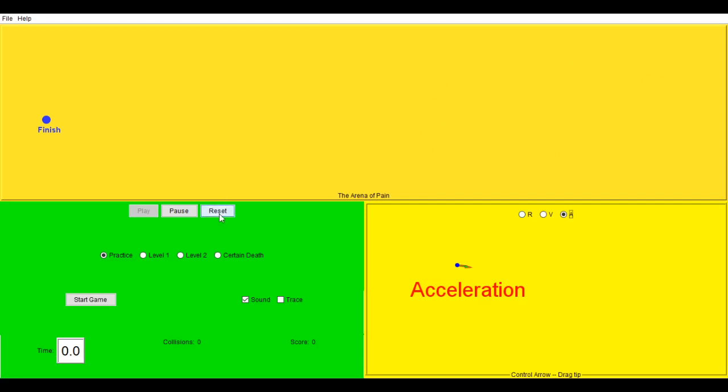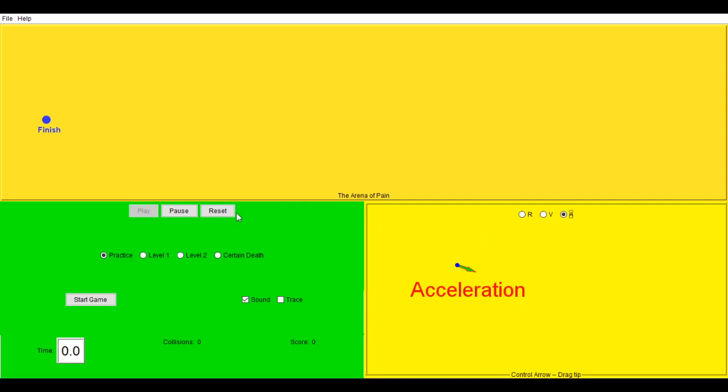So let us repeat again one more time. Even though there's a small acceleration, the velocity of the object speeds up, depending on what kind of acceleration you have.